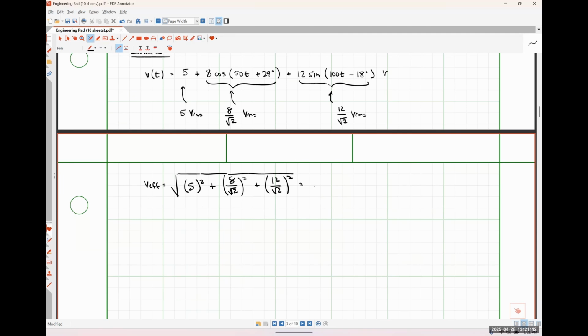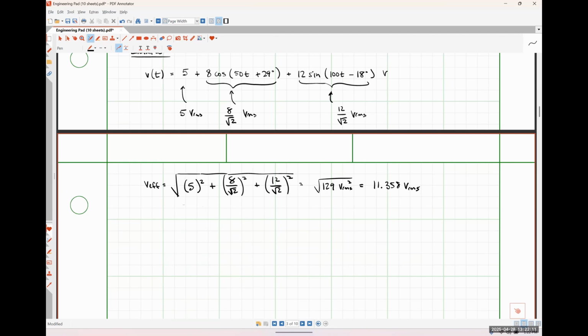I wind up getting the square root of 129 volts RMS squared, essentially, because I'm doing everything in effective values, or 11.358 volts RMS.